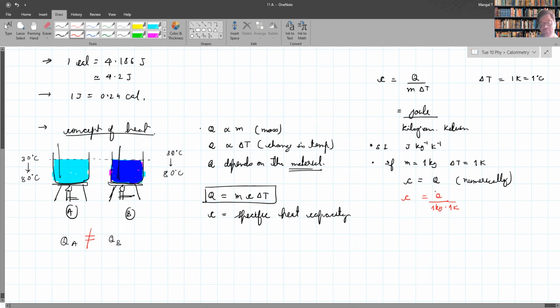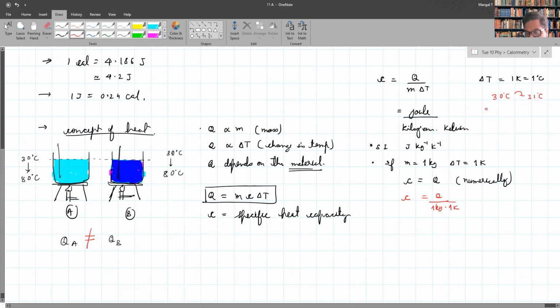Yes, what's your doubt? I was asking that 1 Kelvin is lesser than 1 degree Celsius, right? Because 0 Kelvin... No, I'm talking about change in temperature. 30 degrees Celsius to 31 degrees Celsius is a 1 Kelvin rise.